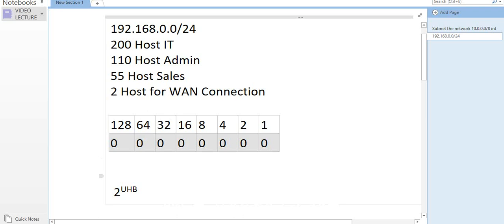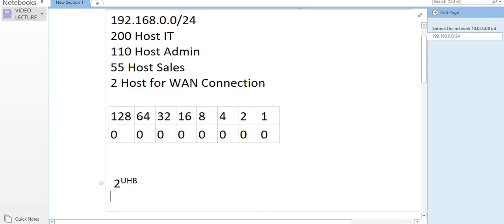So our formula is 2 to the power of usable host bits. How many bits are our usable host bits here? We have 8 bits that are usable here.